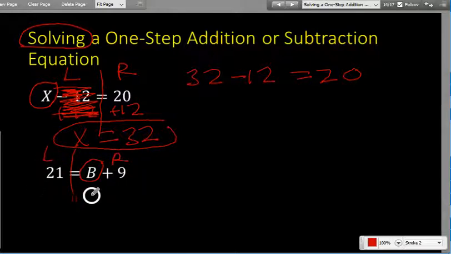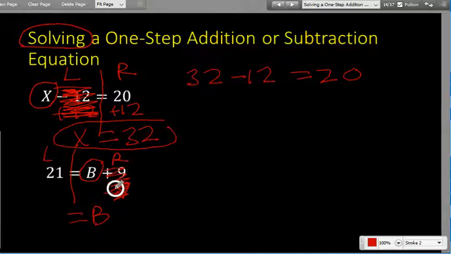Okay, and so if we want to get the b all by itself, we need to get rid of the add 9. The opposite of adding 9 is to subtract 9. So plus 9 minus 9 cancels out. We're left with a b on the right side of our equation, which is what we wanted to have happen.